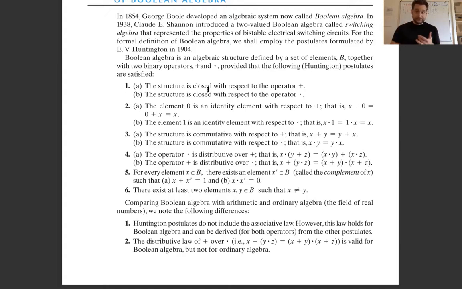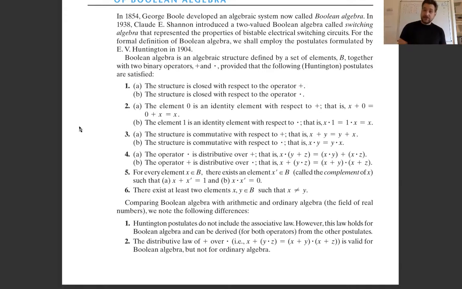But division, right, is not necessarily closed for even numbers. If we take 18 and divide by 6, we get 3, which is not an even number. It's a number outside the set of even numbers, so it's not closed. The set of even numbers is not closed with respect to the division operation. And that's what we're saying here, that the structure is closed with respect to these two operators.